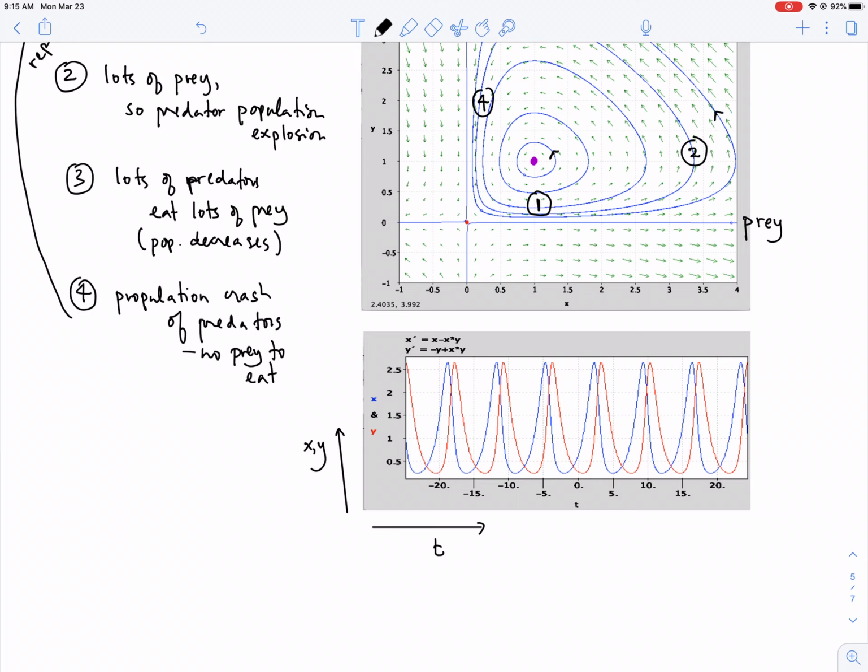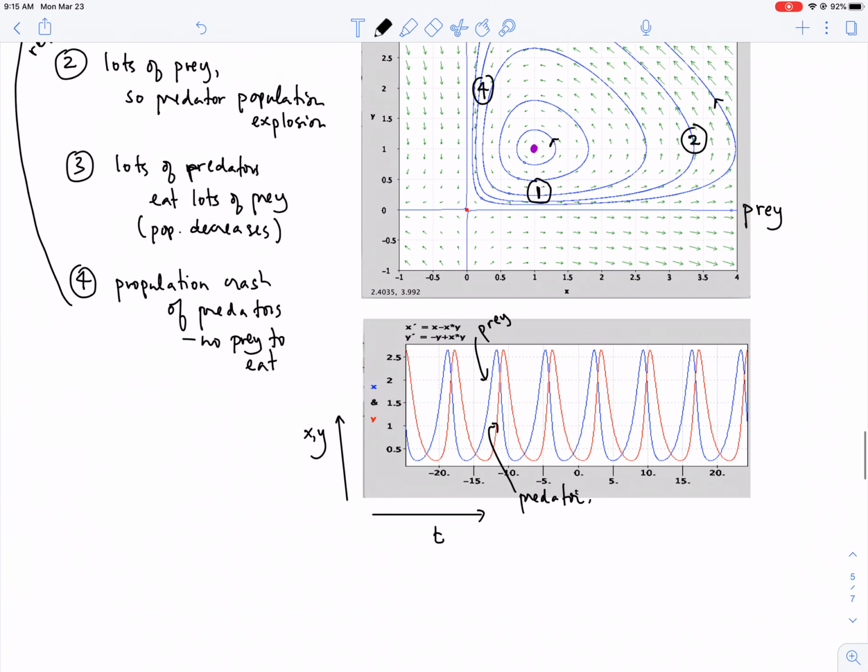And in this first graph, the leading curve is the prey, and the following curve is the predator. So it's kind of cool.